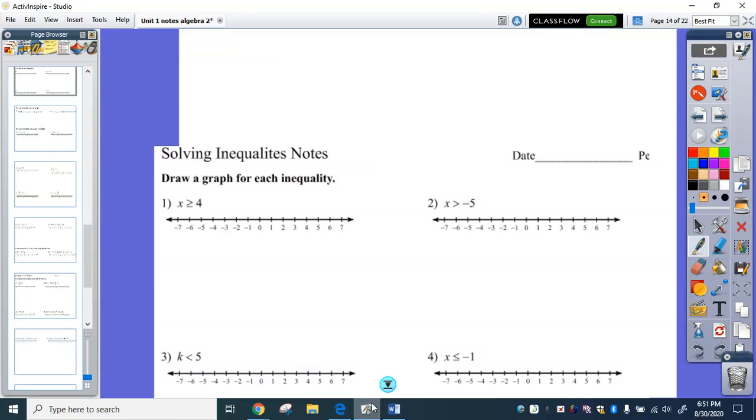We're here to talk about solving some inequalities today. So before we get into the actual example problems, I wanted to make sure that you remembered some things about inequalities that you might have forgotten.